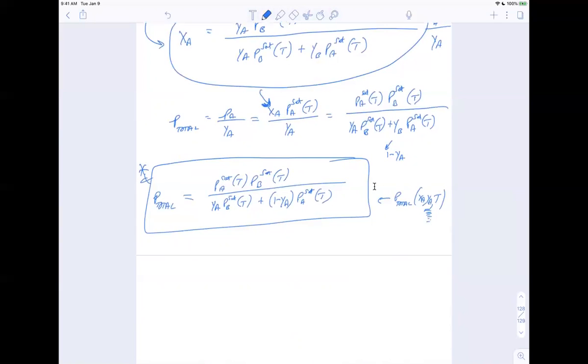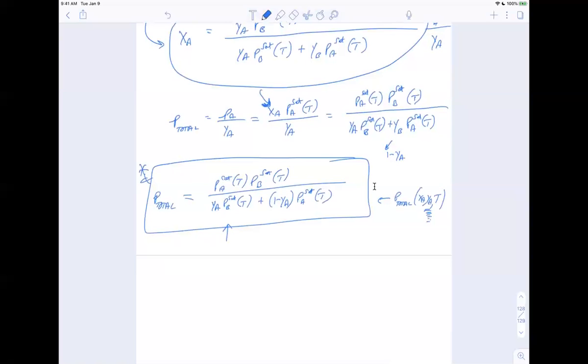Okay, so let's think about this. When Y sub A is 0, meaning that we only have B in our system, we're going to be at one of the endpoints in our curve. When Y sub A is 0, this term is going to vanish in the denominator, and the 1 minus YA term is just going to be 1.